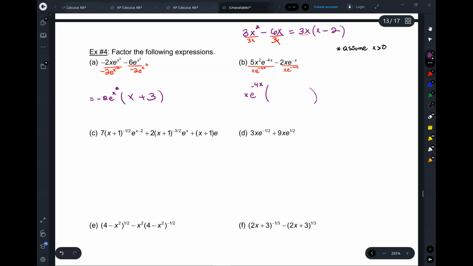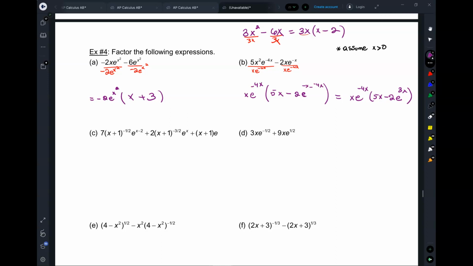So let's see what we have from the first term. I have a 5x, that's it, minus 2. Okay, what happens here? I'm dividing by the same base. That means I need to subtract the exponents, right? So it's going to be negative x minus 4x. Okay, so this is going to be x e to the negative 4x, 5x minus 2 e to the 3x.